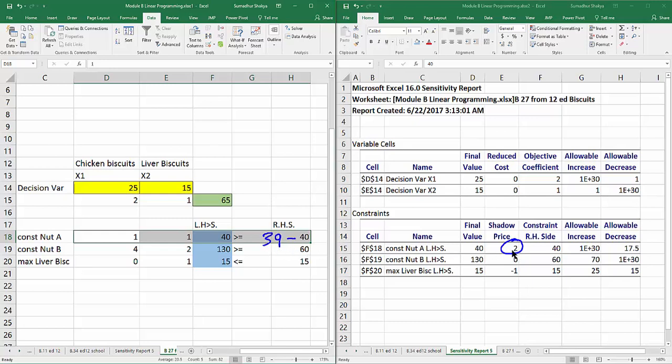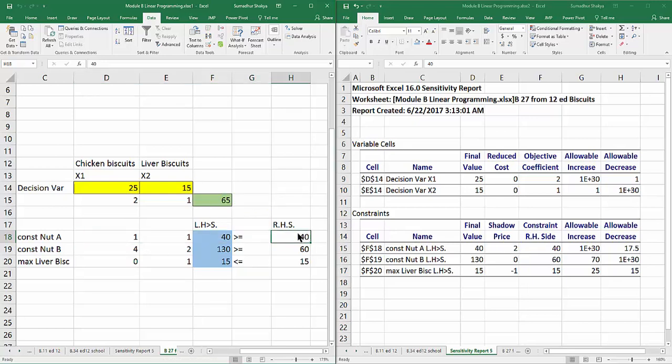If you were to relax the constraint by 1 unit, you can improve your objective function by 2. Now since our objective function is the cost in cents, improving the objective function would mean that we can get this to 63. Yeah, 63.